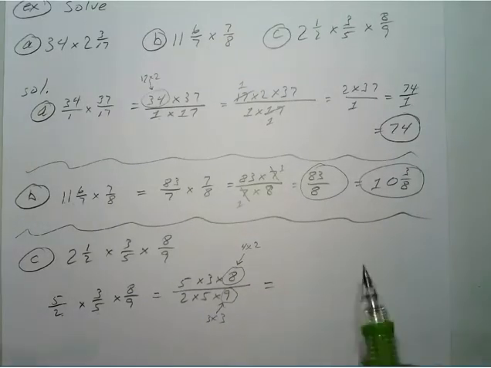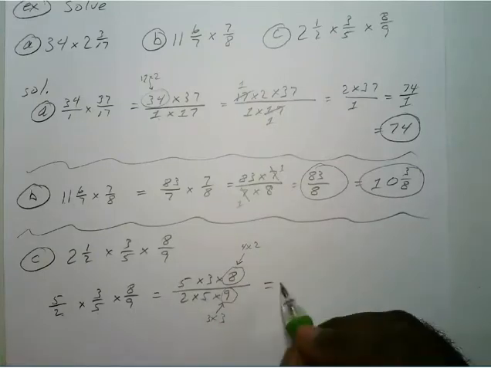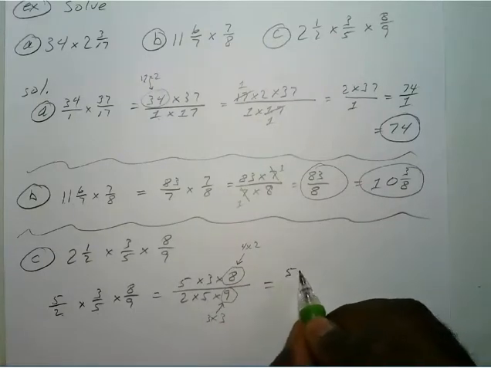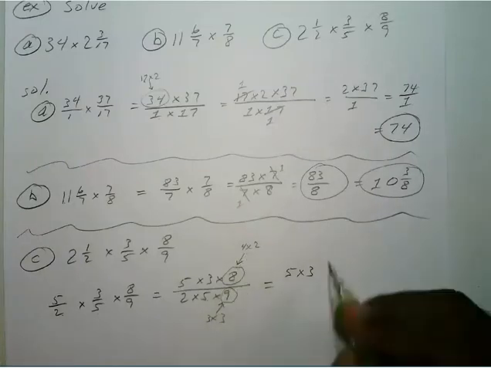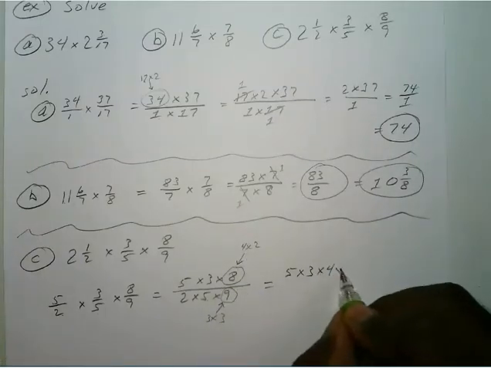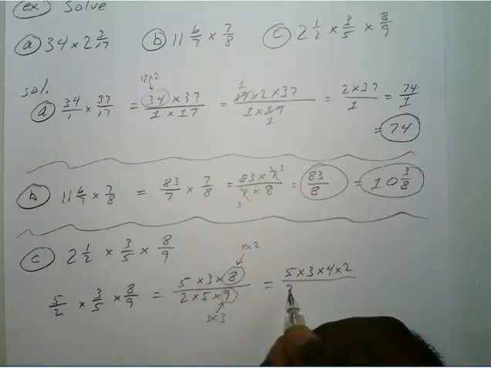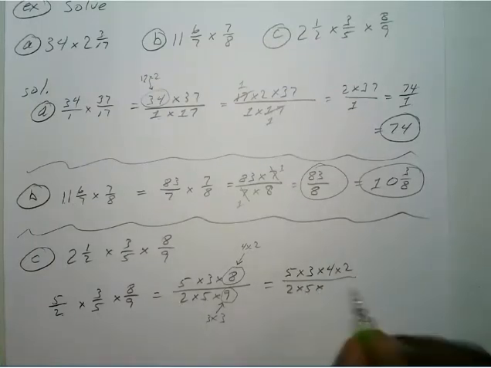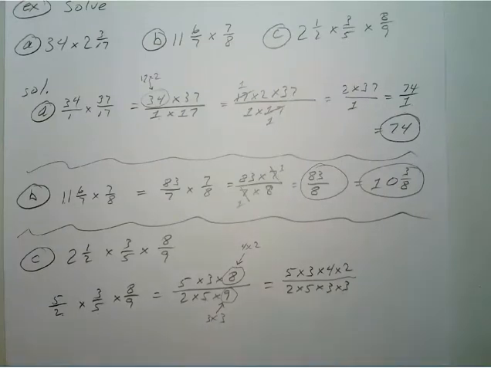Either way is good. So you have 5 times 3, and instead of 8, we put 4 times 2, over 2 times 5, and instead of times 9, we put times 3 times 3. And now we just cancel away.